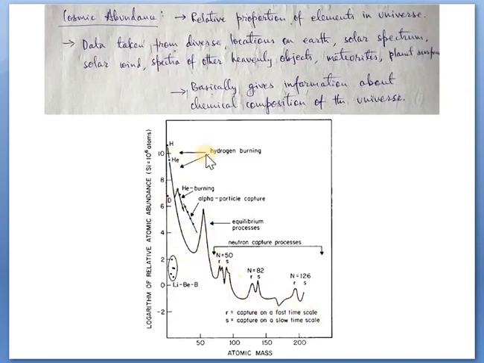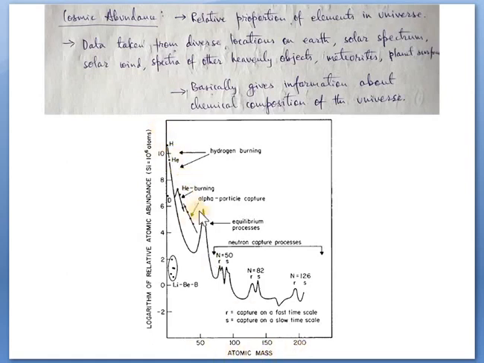Here I have just shown you the various processes through which these elements are produced. Now you see certain features of this plot. The y-axis is the logarithm of the relative atomic abundance, and the x-axis is the atomic mass.